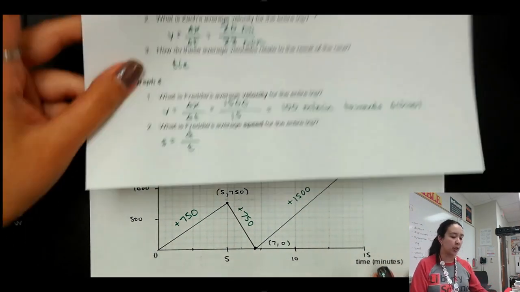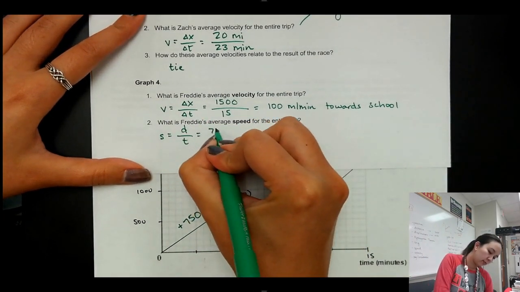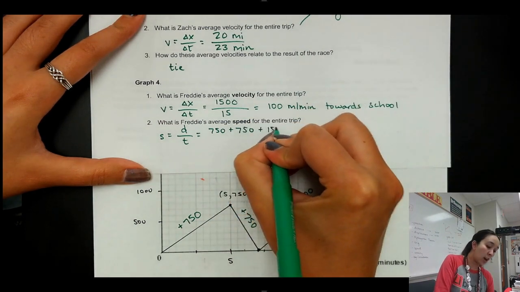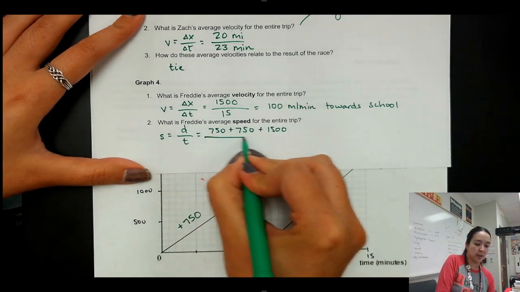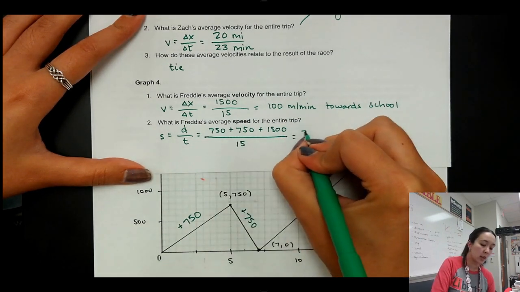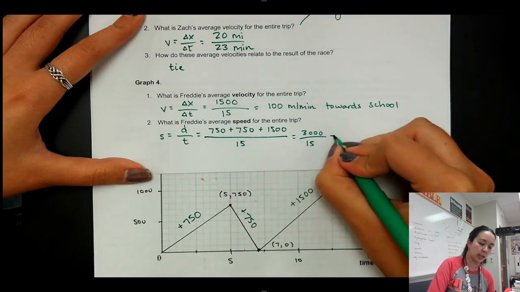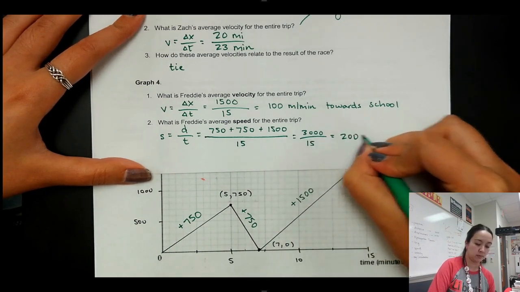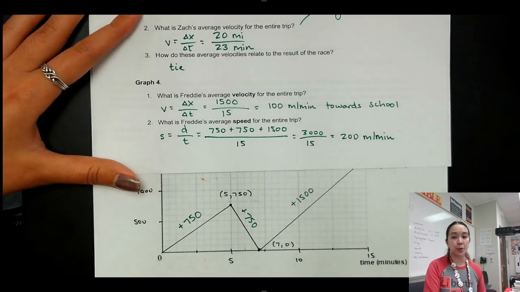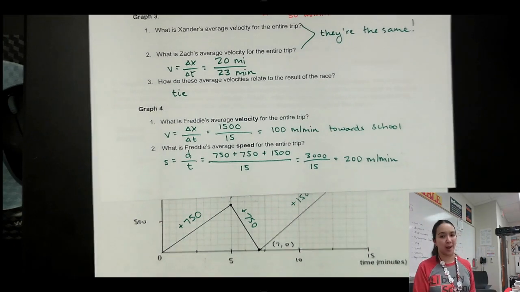So our total distance then, 750 plus 750 plus 1,500, divided by the total time of 15 minutes. That's going to be 3,000 divided by 15, which is 200 meters per minute. So his average speed is twice his average velocity.